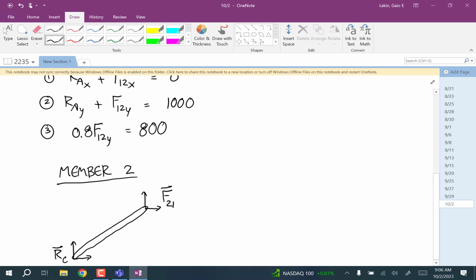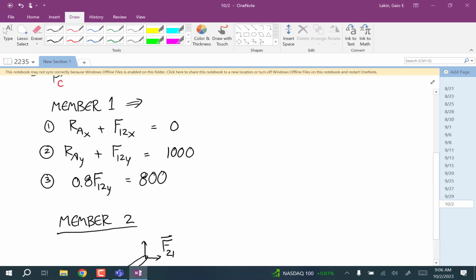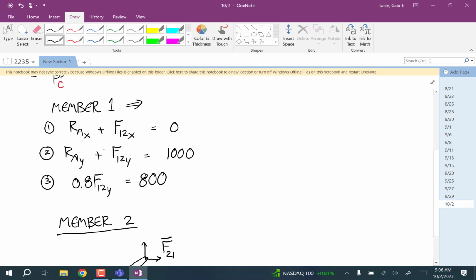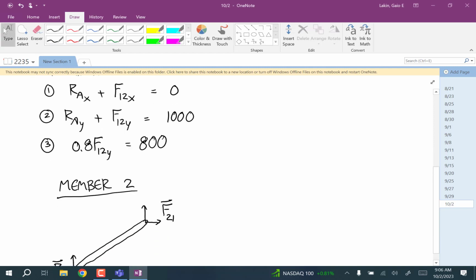Well, we don't want to write it that way because we already have a force F12. So we want to use Newton's third law here to make that the same force, so that we have the minimum number of variables. So this is going to be negative F12. Can we just jump right to that conclusion? Yes, that's fine. I'm just trying to make it clear.